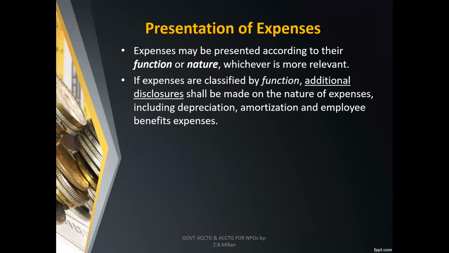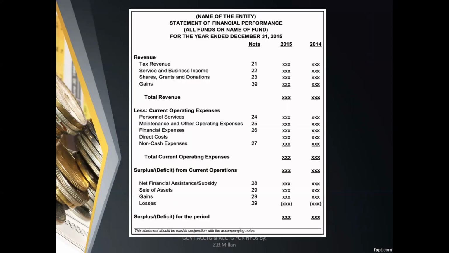So again, if it is presented or classified according to function, you will have additional disclosures as to the nature of the expense, including depreciation, amortization, and employee benefits. It shall be disclosed in your notes to your financial statement.